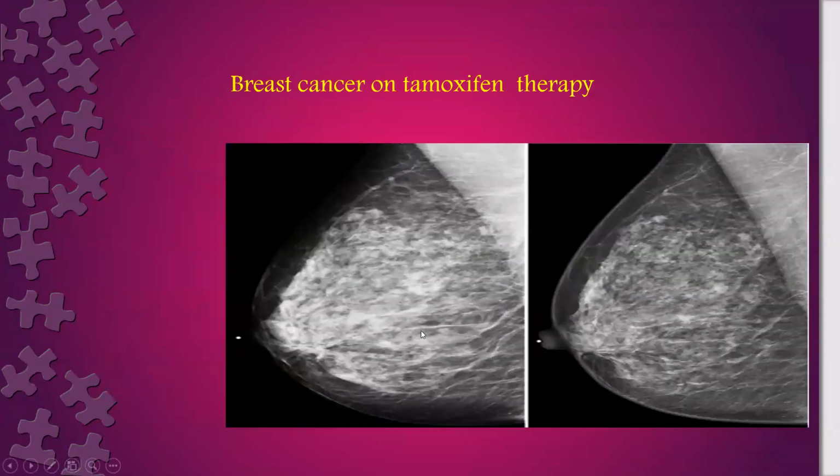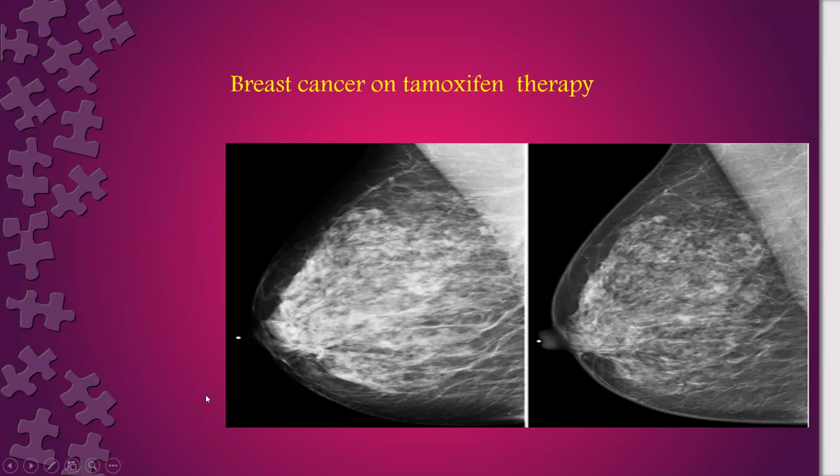Okay, this lady has breast cancer and she received tamoxifen therapy. Which one is the baseline and which one is the second one? What do you expect? The denser is the second. The denser is the second. Okay, why?